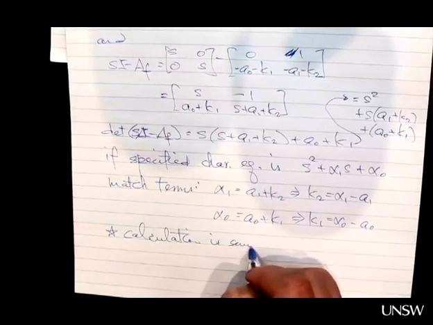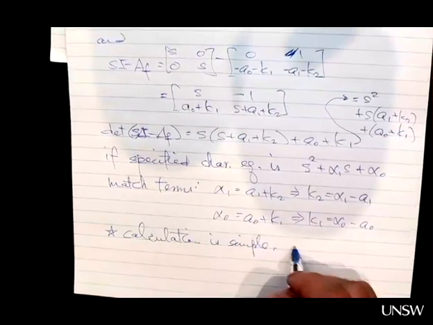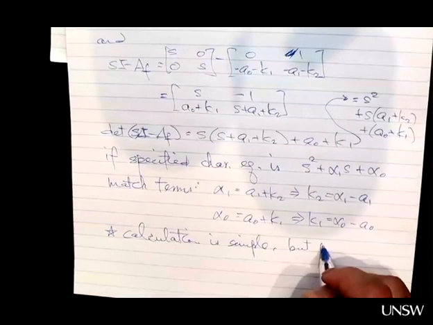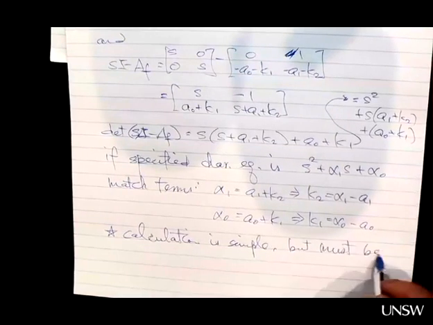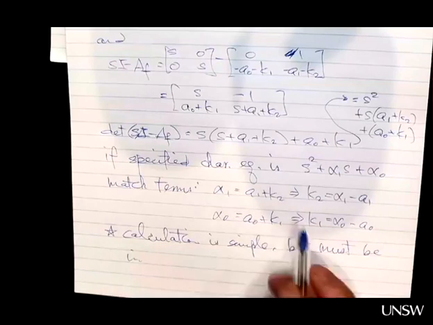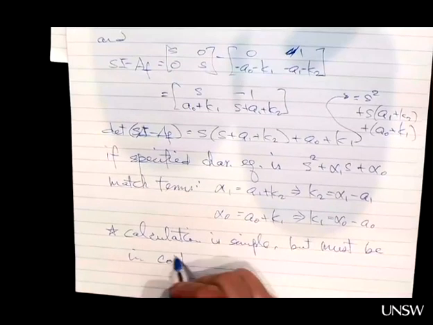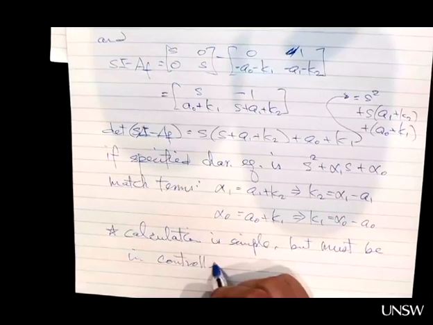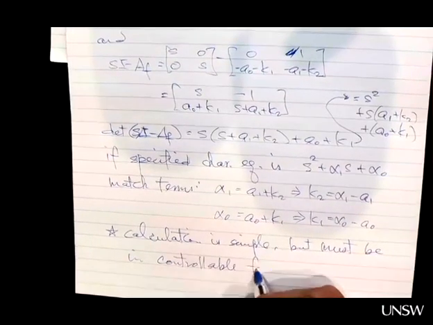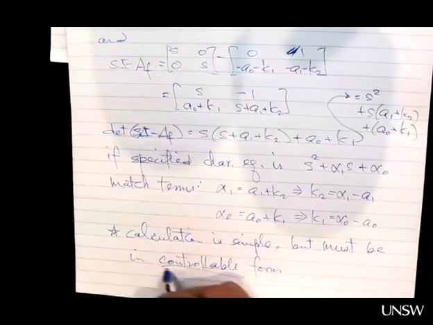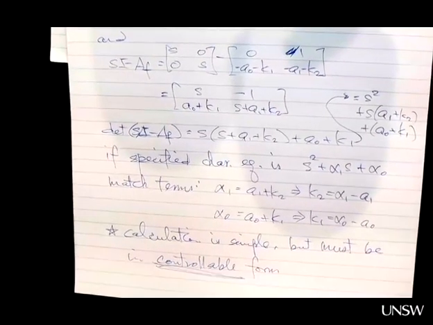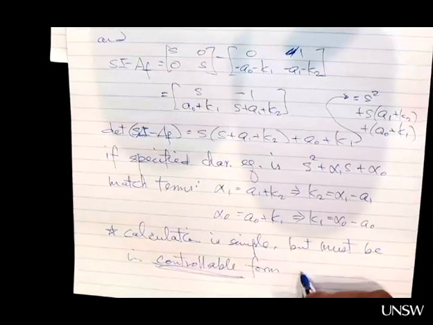But the system must be in the so-called controllable form. For this particular form, we have 0, 1, minus A0, minus A1.